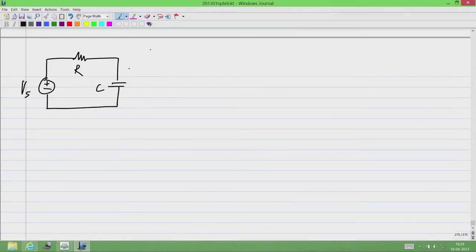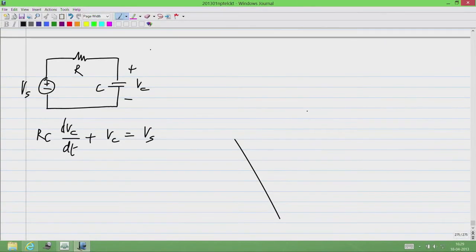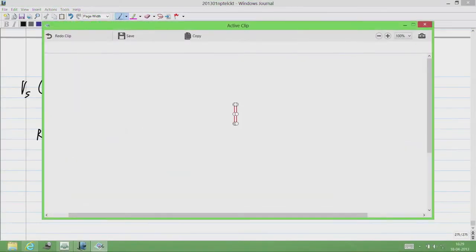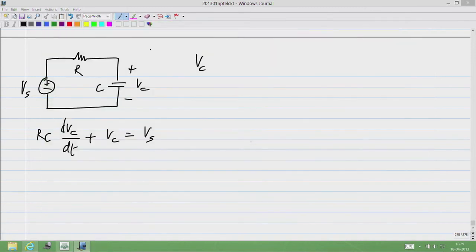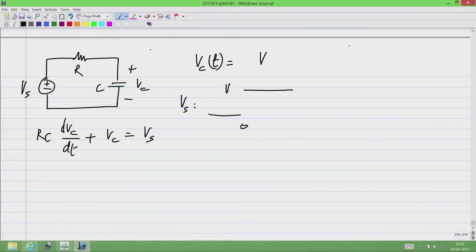The differential equation governing this with Vc as variable was RC dVc/dt plus Vc equals Vs, and we could write down Vc for a step input, if Vs is a step input that goes from 0 to Vp.